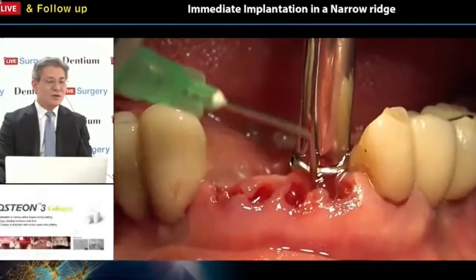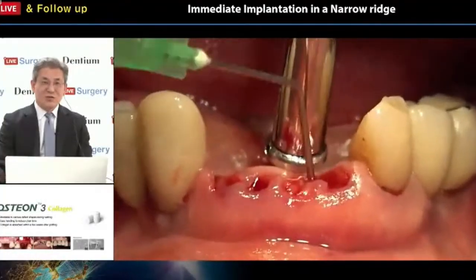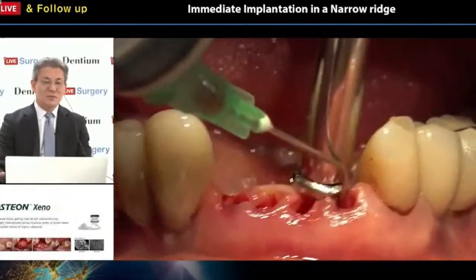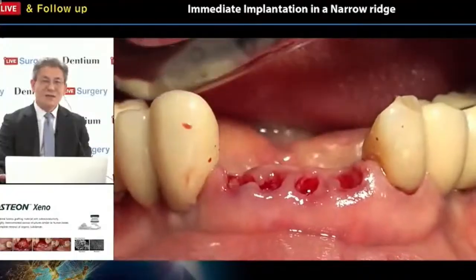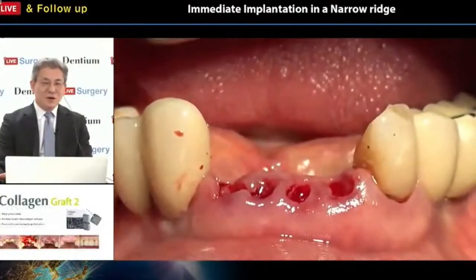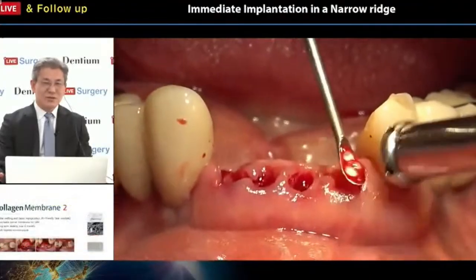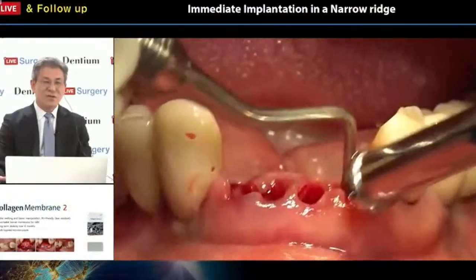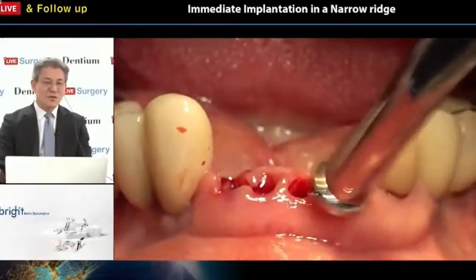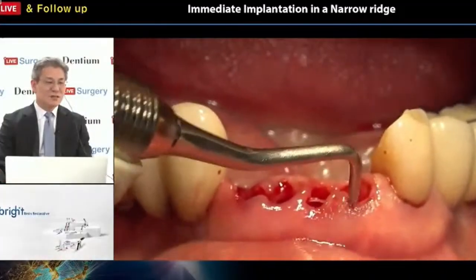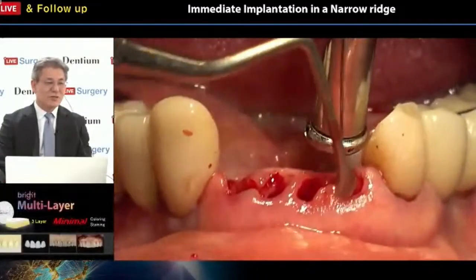This socket wall is ordinarily shallow, right? Because of the periodontally compromised case, all the alveolar bone was already resorbed. The remaining alveolar bone is a small volume vertically, so the socket will be shallow.